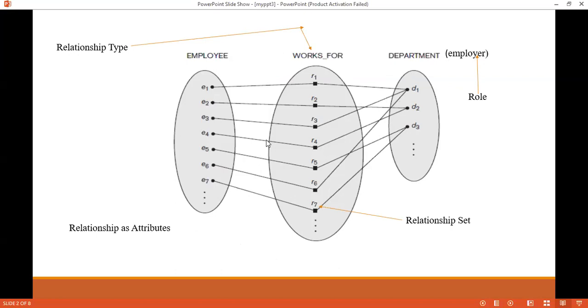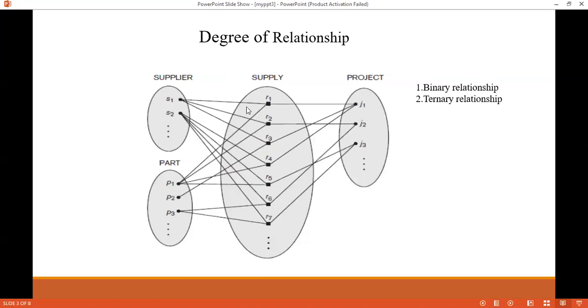Now, if I take the next slide, here three entities are participating in a relationship. Hence, the degree of this relationship type is ternary relationship. Now we can see here more than two entities are participating in a relationship, respectively supplier, part, and project. And all these are participating in supply relationship. Hence, we can conclude it as ternary relationship.